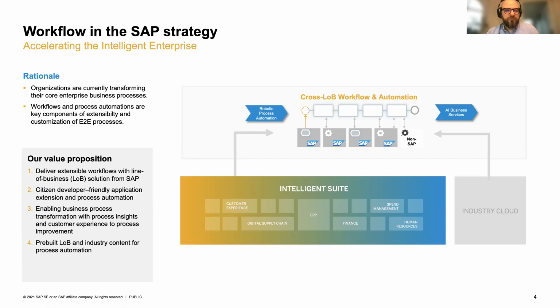We see in our customer base that there are currently transformation processes ongoing, for example, also to extend core business processes, to automate certain activities, and to really go this, let's say, last mile of automation, to really bring together all the pieces within one common scenario. And of course, this we are supporting with different technologies. And today in this session, we would like to show you how you can bring these technologies together to really get the best out of it for your environment, for your solution.